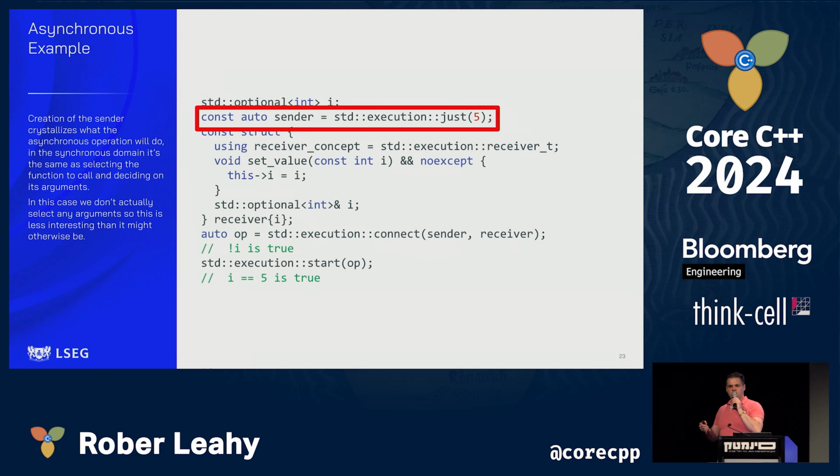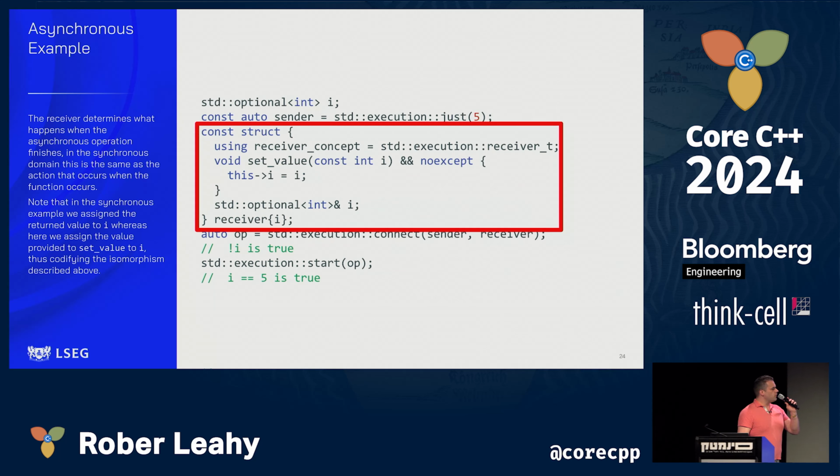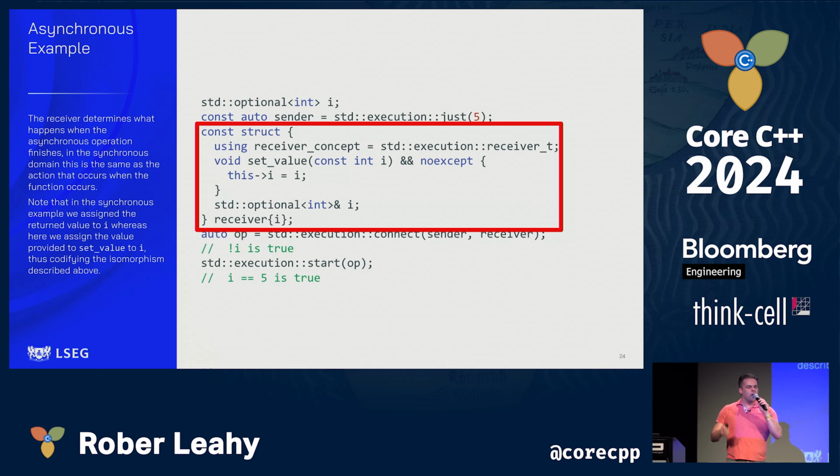But we need to figure out what this function should do when it eventually returns, and so we need to author a receiver. The receiver has a nested type alias which simply identifies it to the concepts machinery of std::execution as a receiver, but more interestingly, it has a set_value unary invocable member function. This is the member function to which the returned value of the associated asynchronous function is returned.